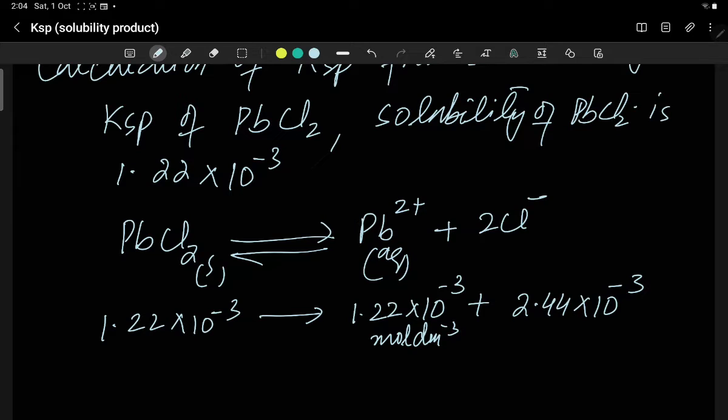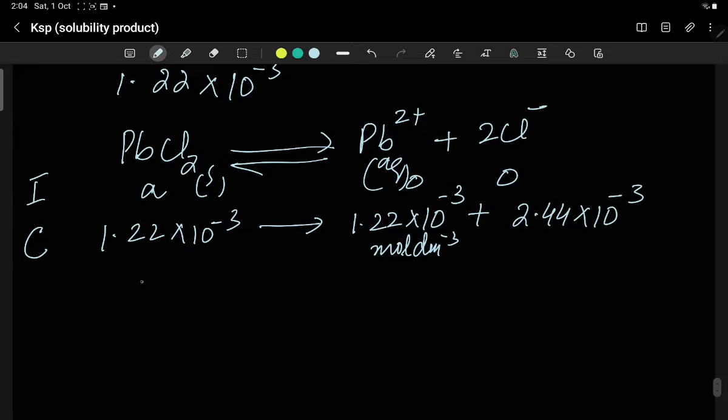So let's say this is the change. Initial is, for example, A, and the initial for lead 2 ion is 0. The change is 1.22 into 2, and you know the solid is ignored at equilibrium.